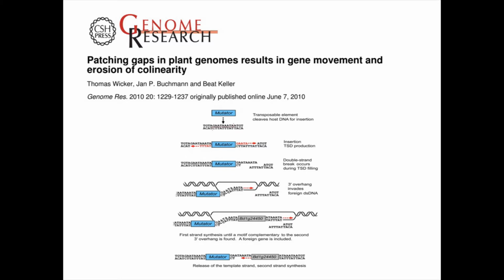And so their model, and there is other evidence associated with this, was basically that the transposable element movement disrupts the local DNA and makes it more susceptible to double-strand breaks. Those breaks get repaired by sampling from somewhere else in the genome and pulling these genes into the position to which they're associated. So again, not only do you have the transposable element activity, you also have the potential for creating double-strand breaks and bringing endogenous DNA into the site of insertion.